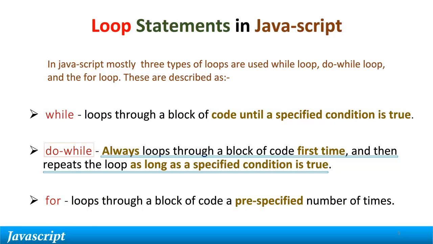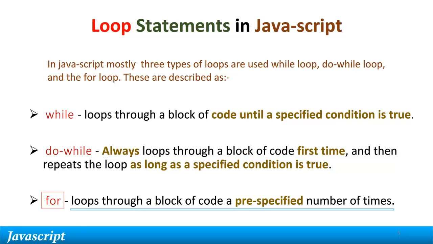The do while loop executes the body of the loop at least once and then checks the condition, and while this condition remains true, repeats the code in the loop body. The for loop is usually used when we are able to know how many times the loop body needs to be executed in advance. Let's look at examples of each of these in the coming slides.